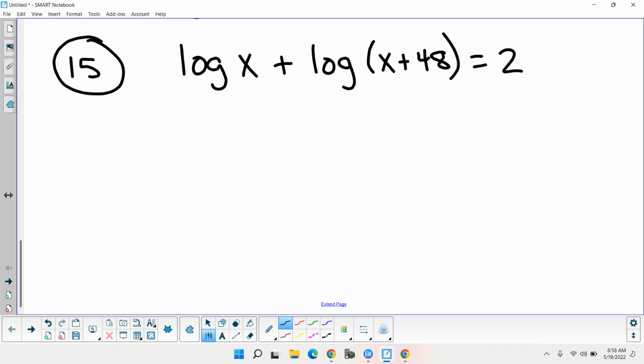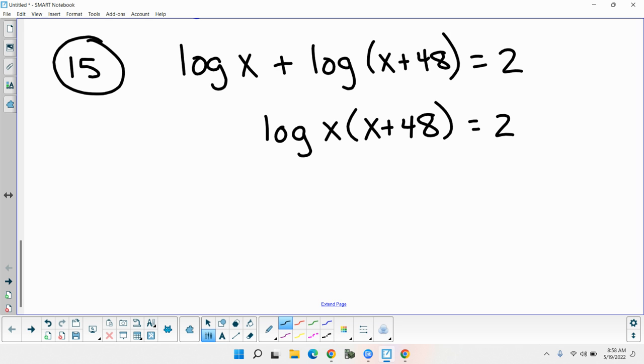We turn it from addition into multiplication, remember? So this problem becomes log of x times x plus 48. Our rules of logarithms state that I can condense two logs when it's addition into multiplication. What if that was subtraction? I would have changed it to a division problem or a fraction, right?